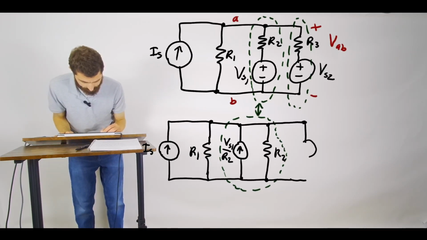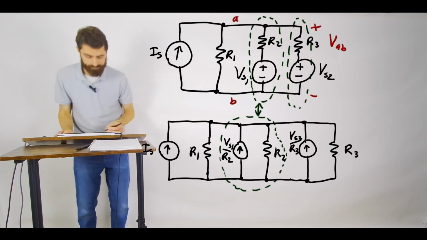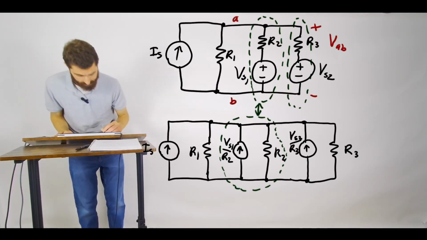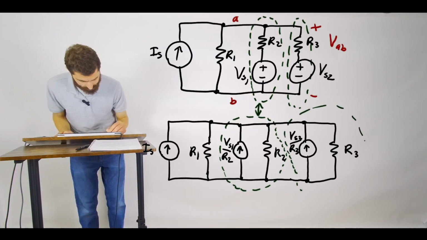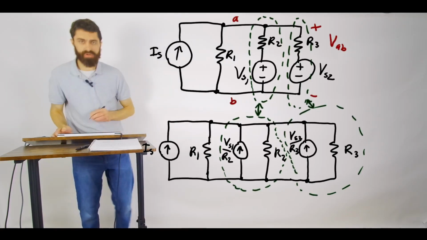I can convert this into a current source and a resistor. The resistance is the same, it's R3. The current source value is going to be Vs2 divided by R3. So that is this transformation.